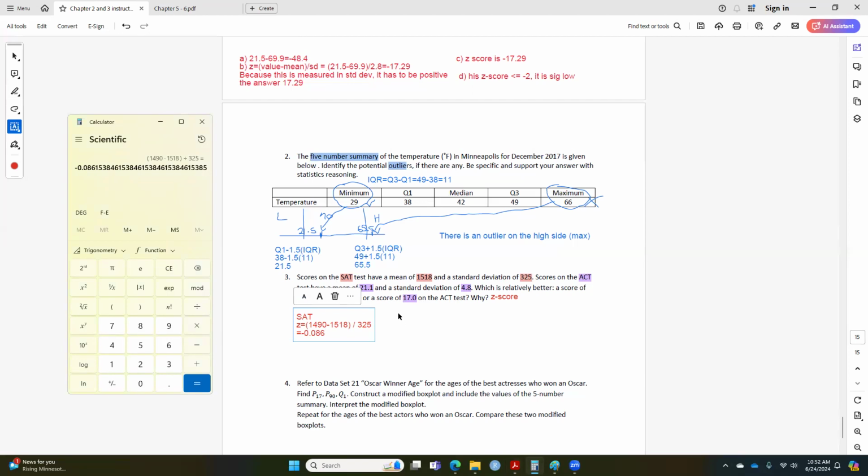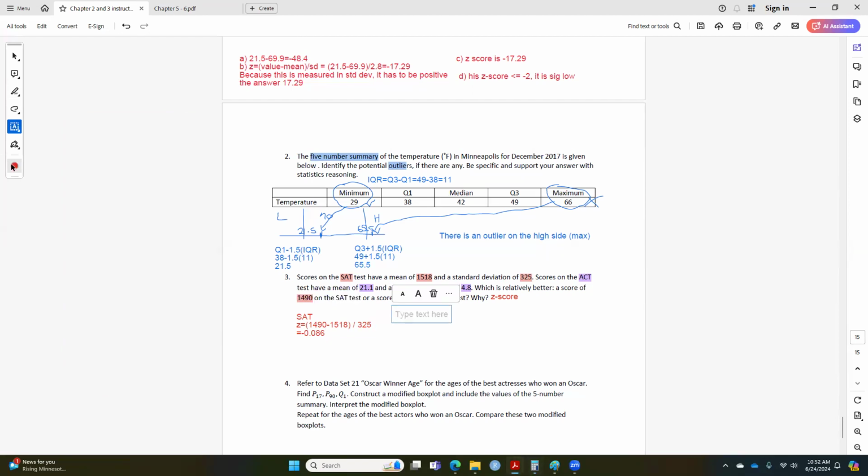Now we're going to do the z-score for the ACT in this case, in purple. Look at all these different colors now. So for the ACT, the z-score is you take the value, which is 17, minus the mean 21.1, divided by the standard deviation of 4.8, the one in violet or purple in this case.